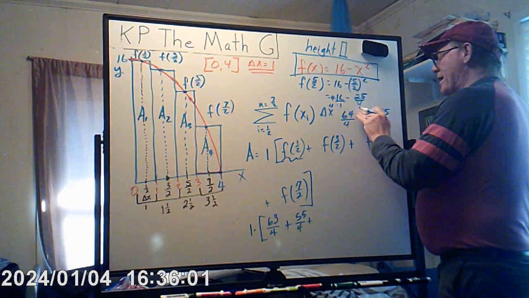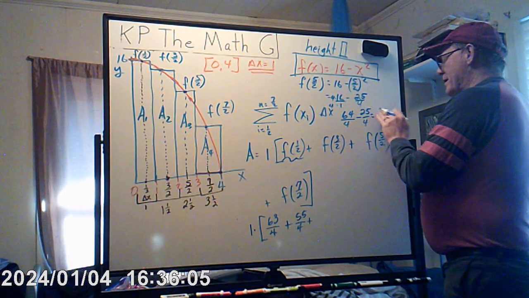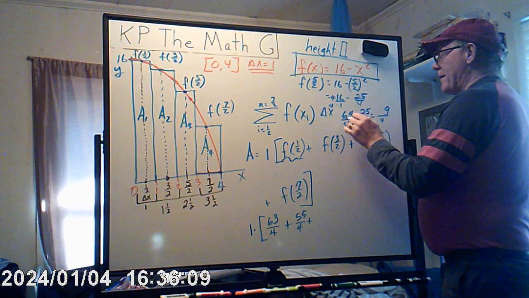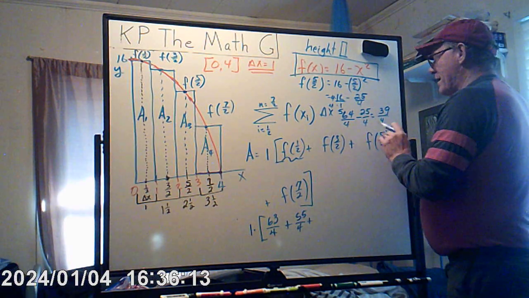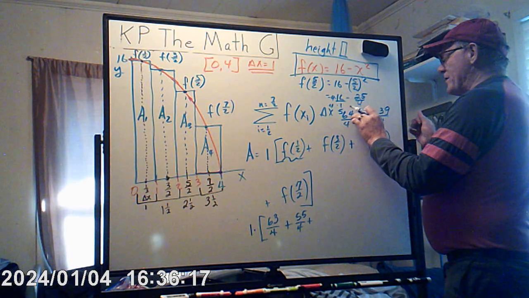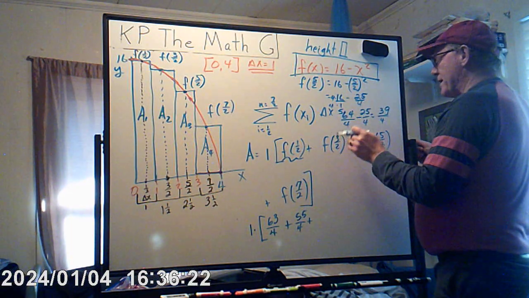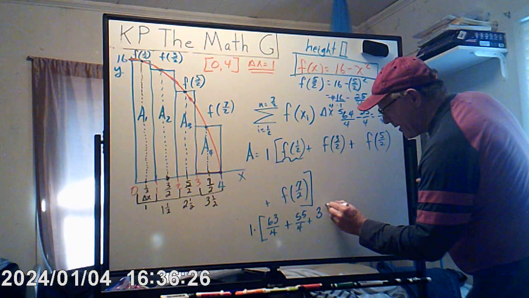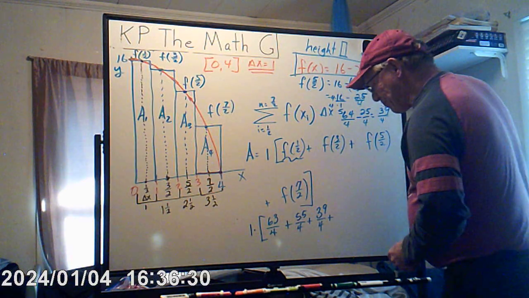So 25 over 4. 14 minus 5 is 9, and then 5 minus 2 is 3. Let's make sure: 39 plus 25. 9 plus 5 is 14, carry 1. 2 plus 3 is 5 plus 1 is 6. So 39 over 4 plus, okay.